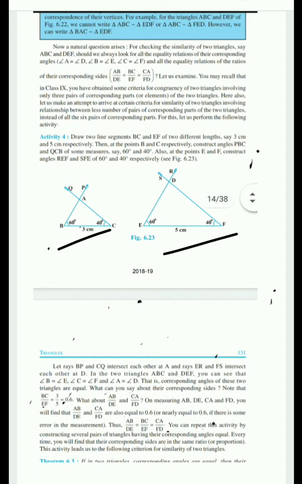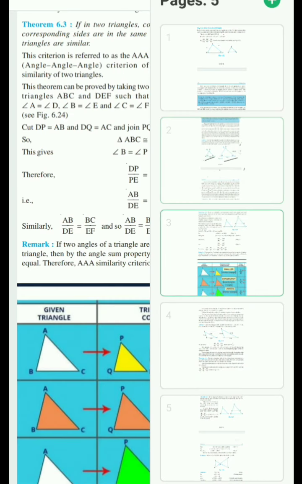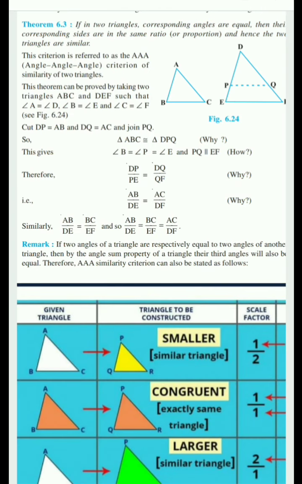Here is our theorem 6.3, which says that if in two triangles corresponding angles are equal and their corresponding sides are in the same ratio, then the two triangles are similar. Meaning if we have angle A equals angle D, angle B equals angle E, and angle C equals angle F.